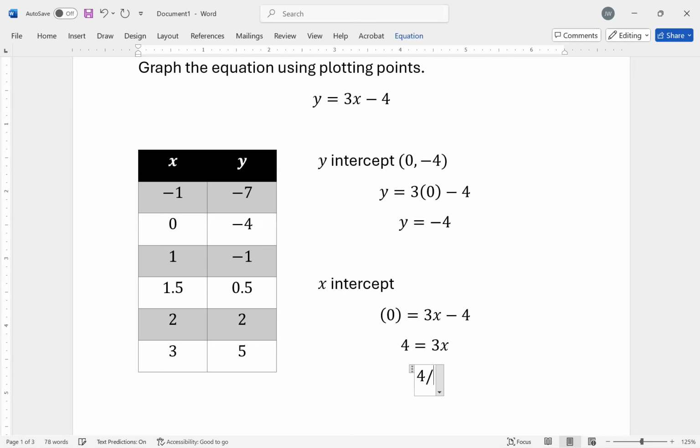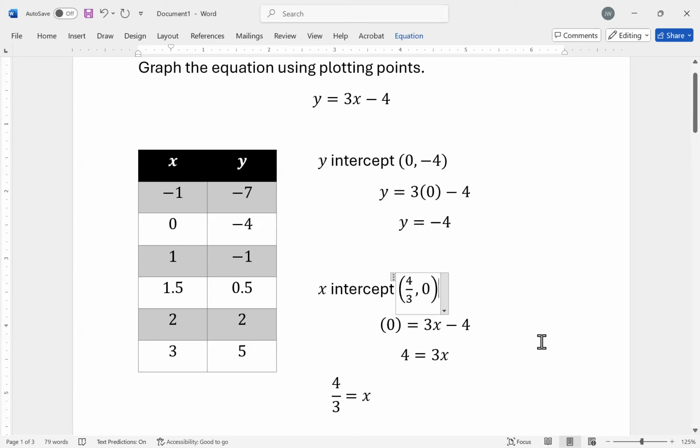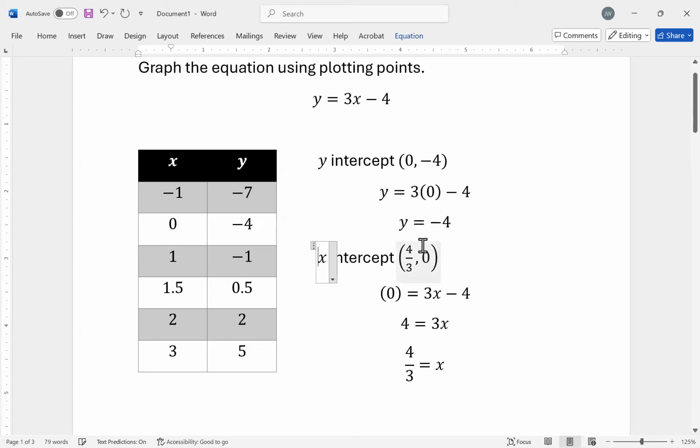So we get 4/3 or 1.33 repeating as my x value. So my x-intercept, where my graph hits the x-axis, is at the point 4/3, comma, 0. So that is how we find the y-intercept and the x-intercept.